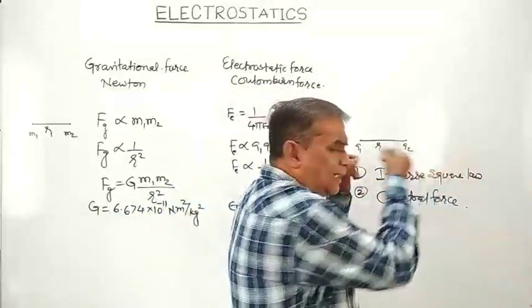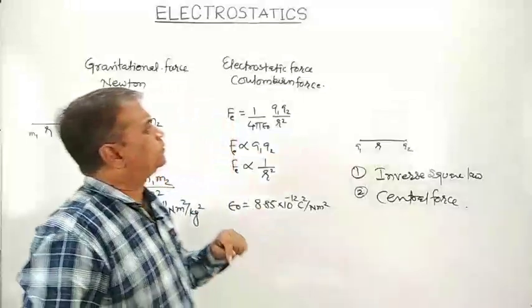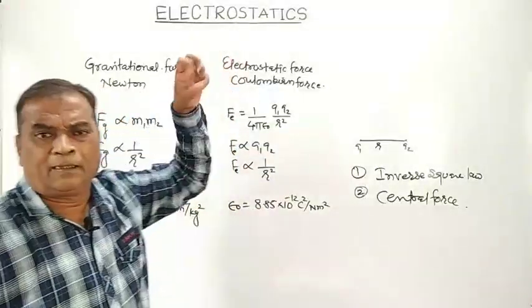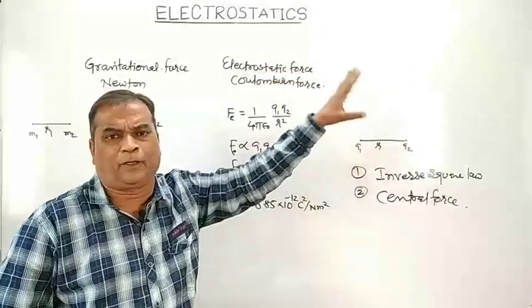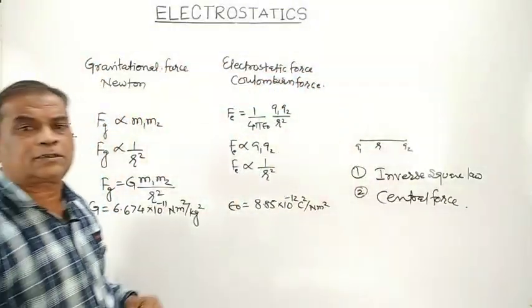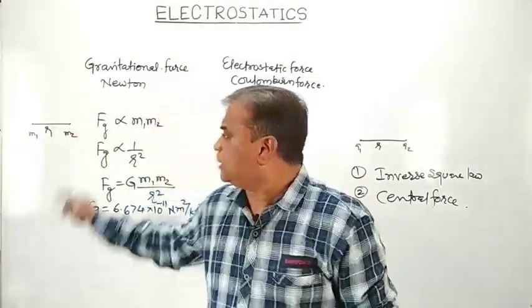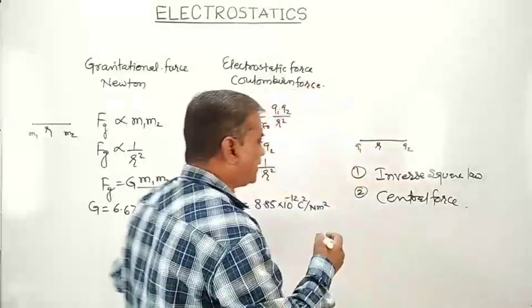If charges are unlike charges, there is a force of attraction. So electrostatic force may be a force of attraction or repulsion depending upon the polarity of charge, but the gravitational force which exists between two particles is always a force of attraction.